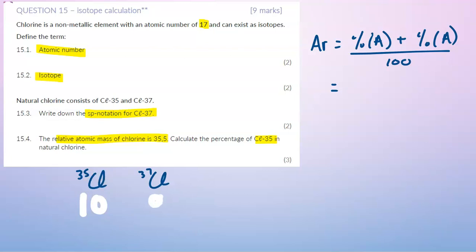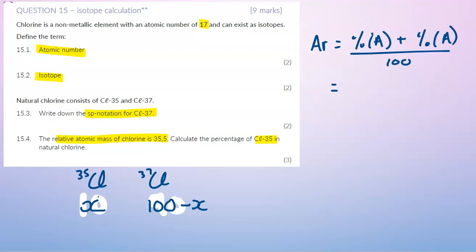Does it make sense I would have 90% of the other one? Okay. Now for the same reasoning, if I had X% of the first isotope, does it make sense that I will have 100 minus X% for the other one?